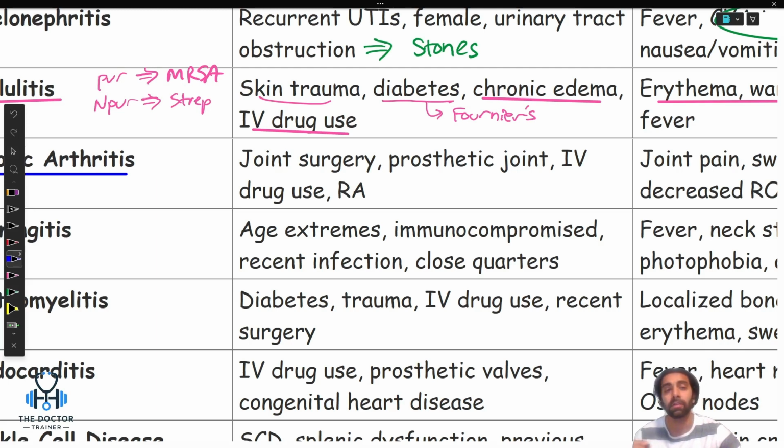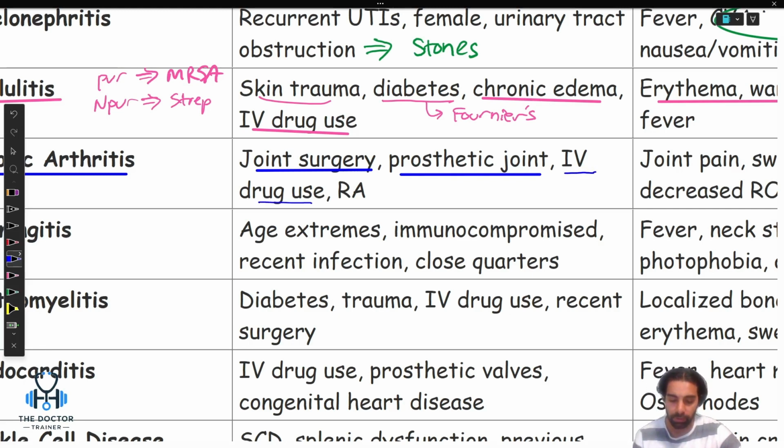Again, there's a common theme here with antibiotics: if it's hospital acquired or if there is nosocomial exposure, then you're going to have to cover for stronger bugs. So if they've had surgery recently on that knee, or if they have a prosthetic joint, a metal plastic joint in that knee, you might want to cover them for anti-pseudomonal.